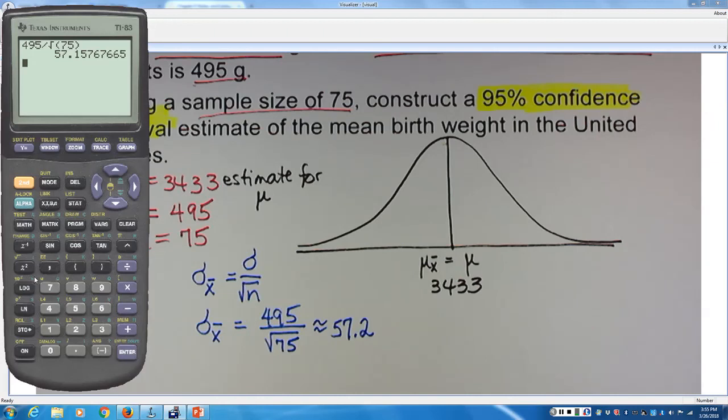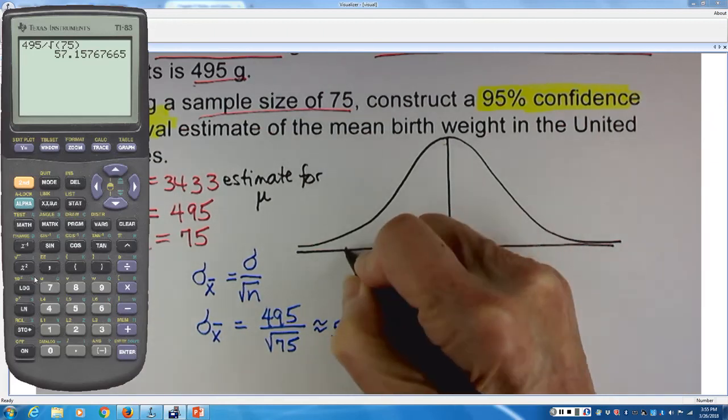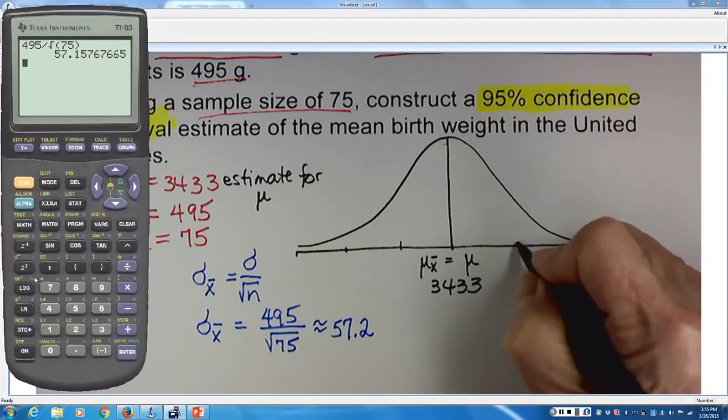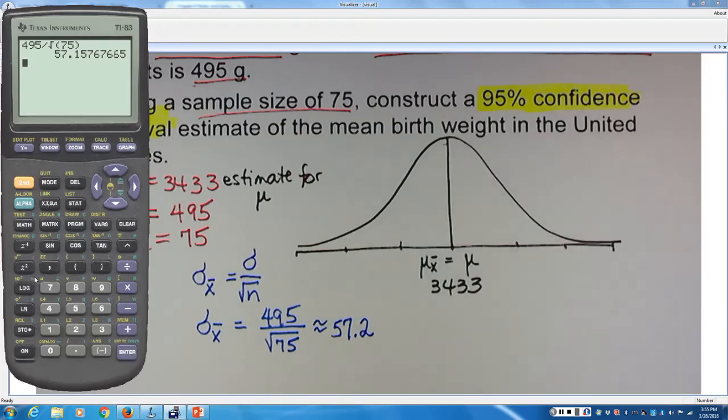Our 95% confidence interval is going to be the part in the middle.